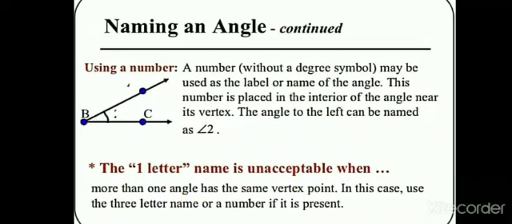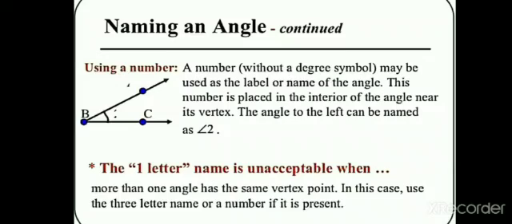Naming the angle using a number. The number represents the gap between the two rays, or the direction of a ray according to another ray.